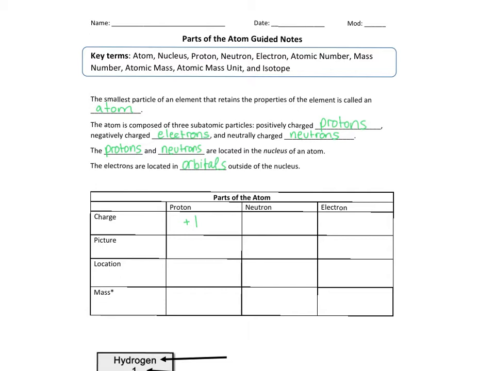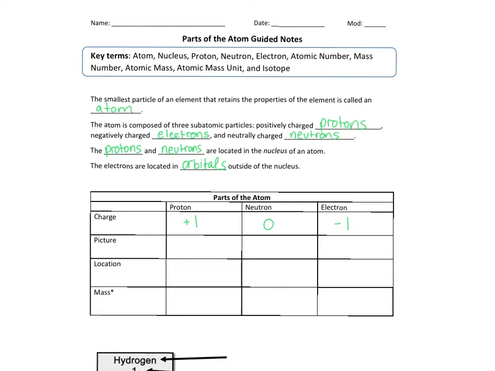No, they're not. So they're just going to have a 0 charge. Now electrons, they are negatively charged particles. So if protons were a relative +1, electrons are going to be a relative -1. Protons and electrons have pretty much the same charge, so if you have a proton and you have an electron, their charges will cancel out and make it neutral.